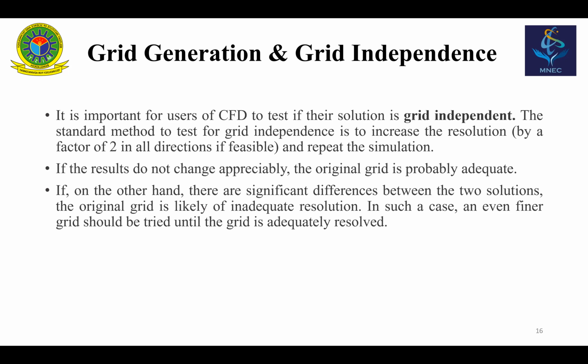If the value doesn't fluctuate that much, it's not advisable to take more, because it will increase the computational time, and in some cases the computational cost also. So to avoid that, we take the minimum value after which our solution becomes quite constant.